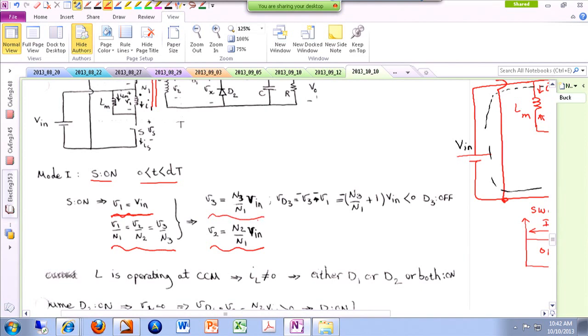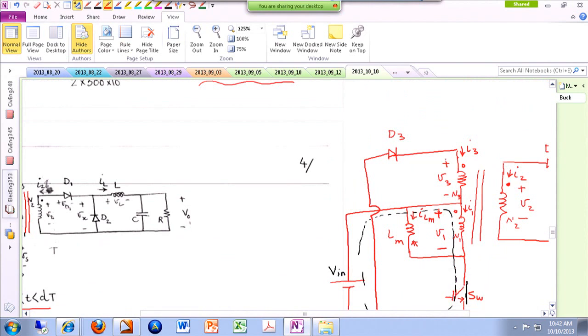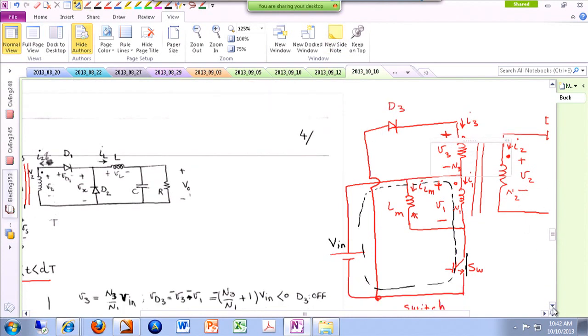Let's talk about V3, for instance. Now that we have found V3, I know how much voltage appears here. Now I can look at this loop and decide whether D3 is on or off. It is a little bit of a twisted loop. D3, V3 and Vn are forming a loop.